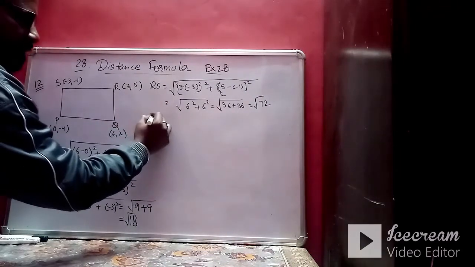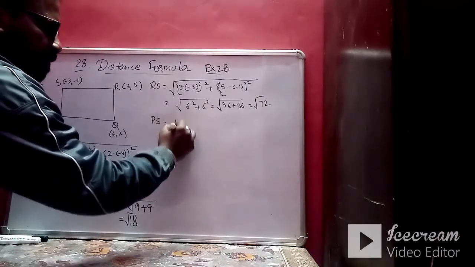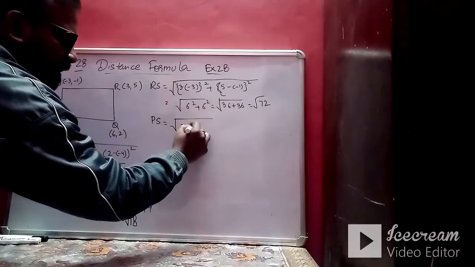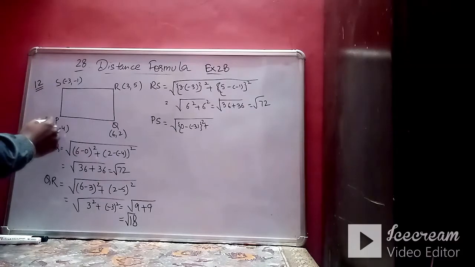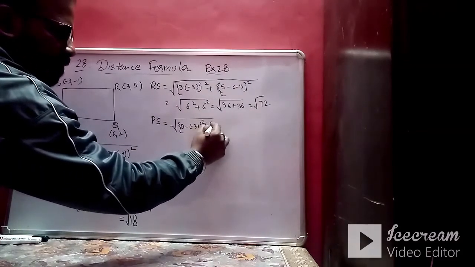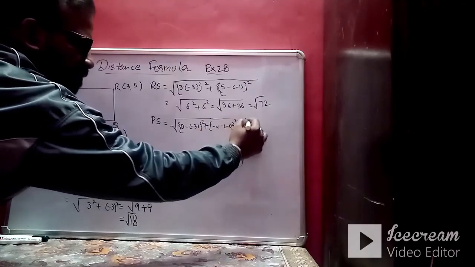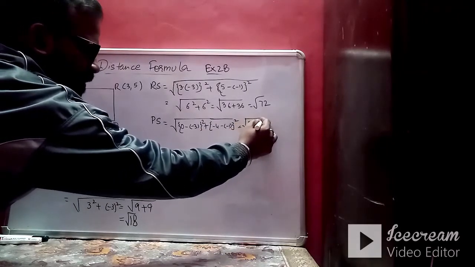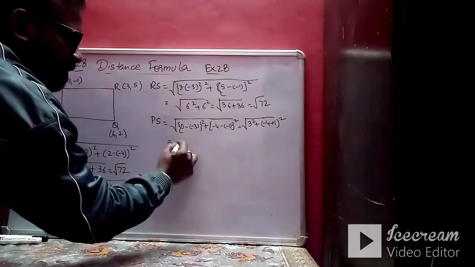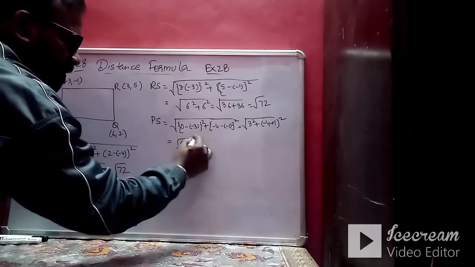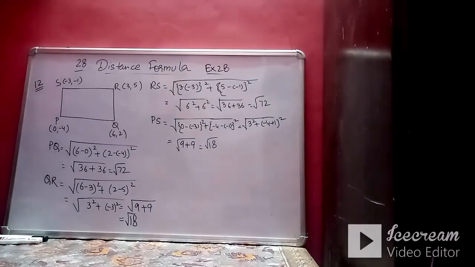Then last is PS. So what is PS? (0 minus -3) square, then (-4 minus 1) square. So how much will it be? 3 square plus (-4 plus 1) square, that is 9 plus 9, root 18. So we have calculated all the four sides.